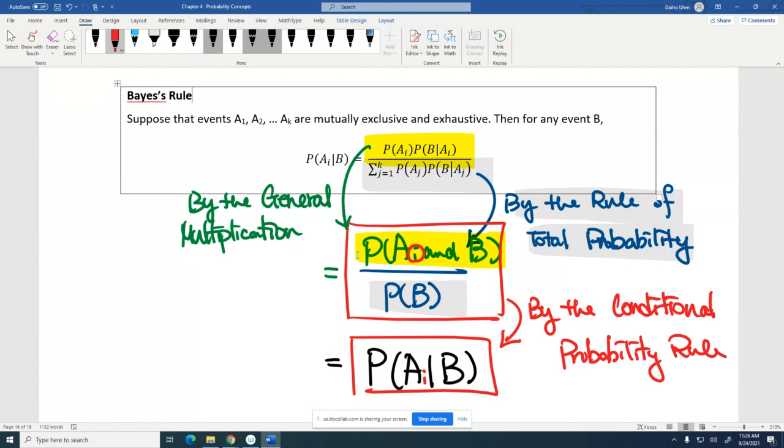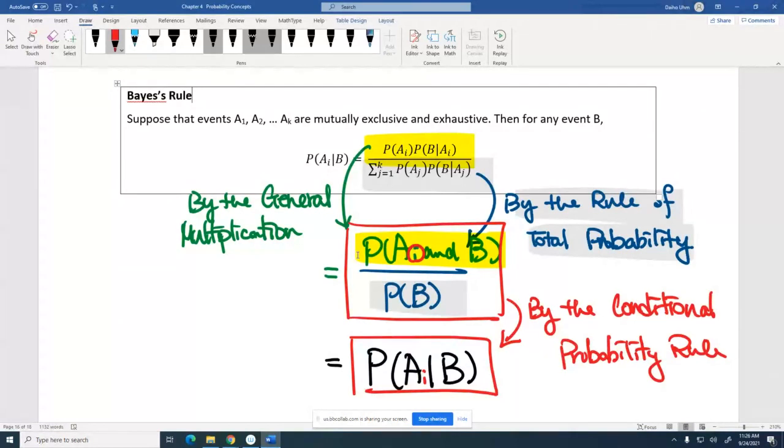So when we need the probability A given B, please remember the order. The probability A given B. We can apply the Bayes rule: the unconditional probability of A times the conditional probability of B given A, the switched one.